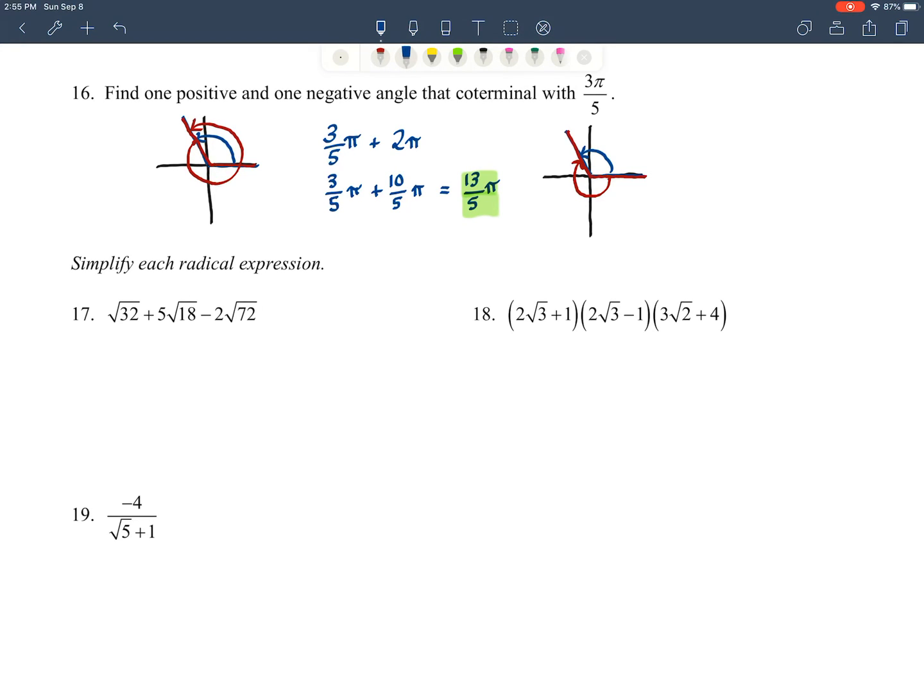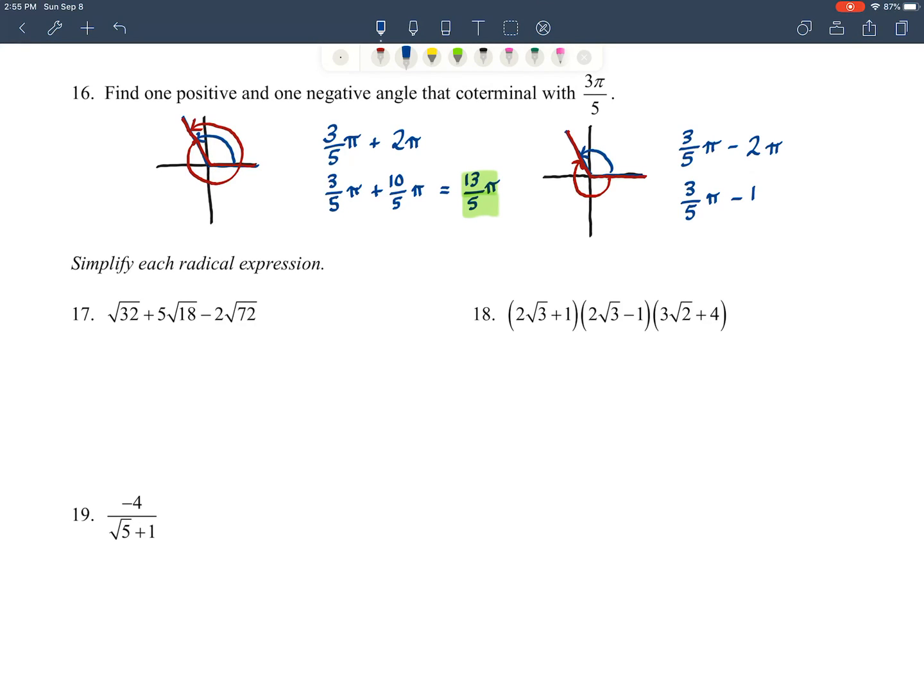So the easiest way to come up with it, just using arithmetic, we're going to say here 3/5 pi. And instead of adding 2 pi, we're going to take away 2 pi. So we're going backwards around the circle to figure out where we would be. So again, a common denominator is needed. So again, that's going to be fifths.